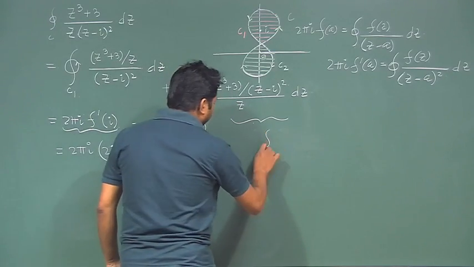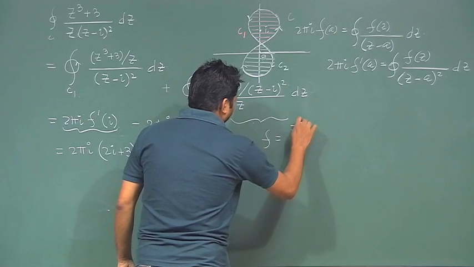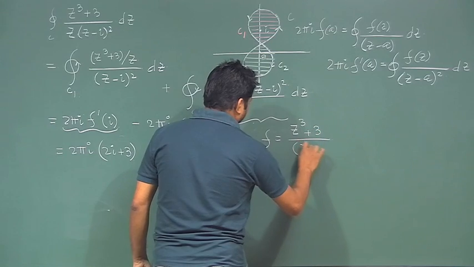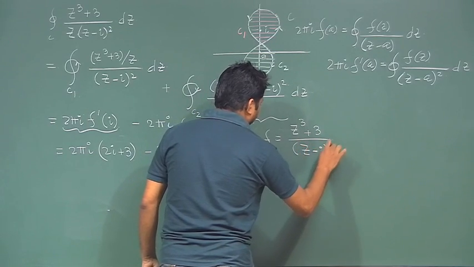My f is (z cube plus 3) divided by (z minus i) square.